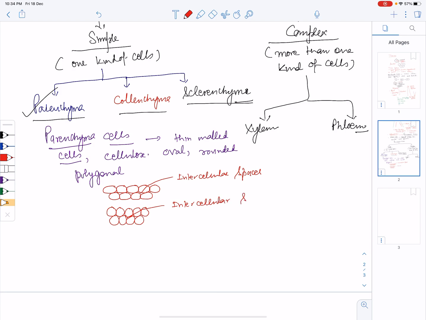Now this space in between the cells is called intercellular space. So this is oval shape. This is rounded shape. Now they may be compactly arranged, showing polygonal shape like this. So this is polygonal shape.